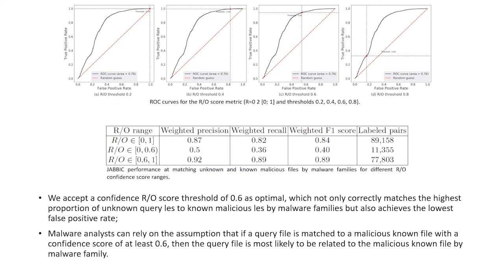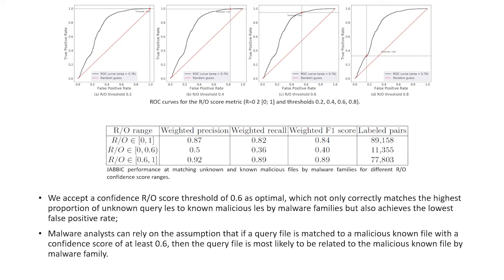Now, for a second stage triage, we aim for the highest true positive rate. So that means we want to identify as many queries as possible that have the same mother families as their matches, while accepting a higher false positive rate, since the cost of collecting and analyzing mismatched unknown files has no significant practical implications. The initial triage of files as either benign or potentially malign has already been done by the reputation score system.